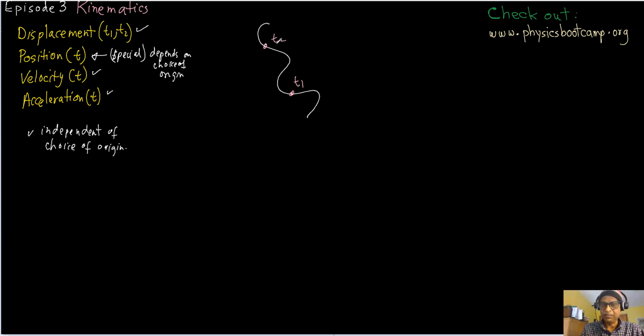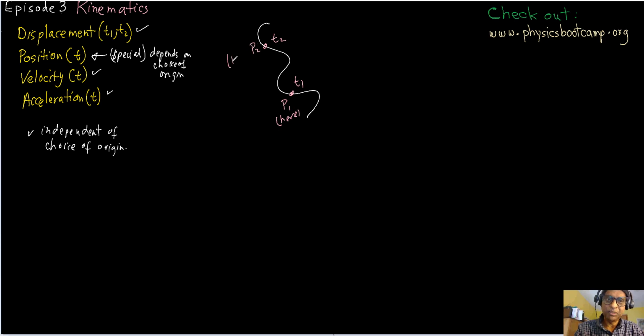It may be on a road or on the surface of the earth or in space, whatever. Okay, so if you draw from here to there, let's call the first point P1 and the second point P2.